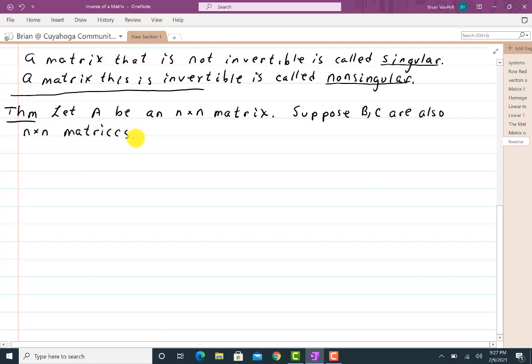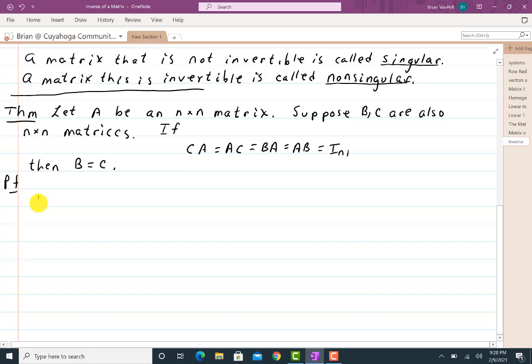If CA equals AC equals BA equals AB, and all of those products are the identity matrix, then B equals C.